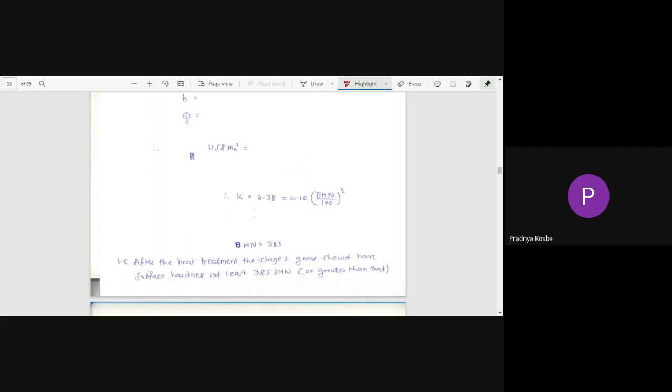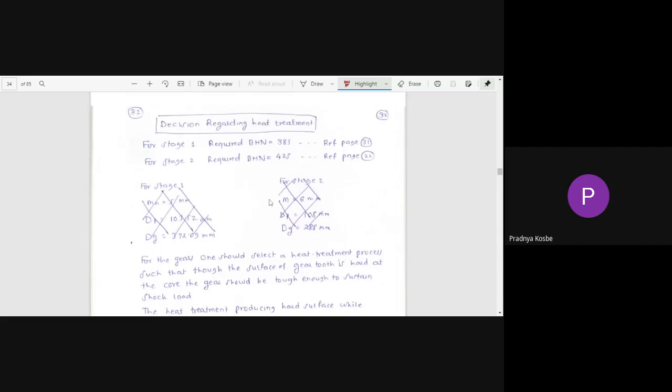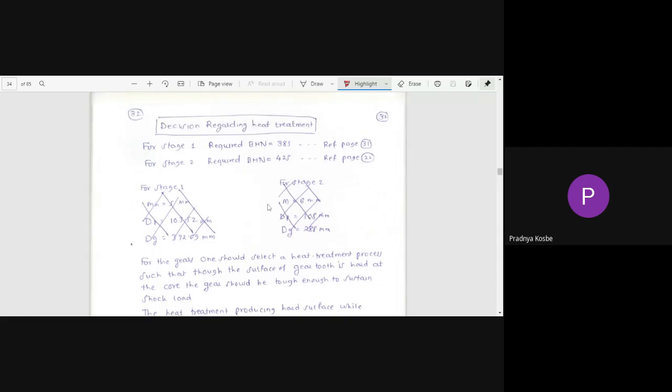So after the heat treatment, the stage 2 gear should have surface hardness at least 385 Bhn or greater than that. So for that purpose, a decision regarding heat treatment.